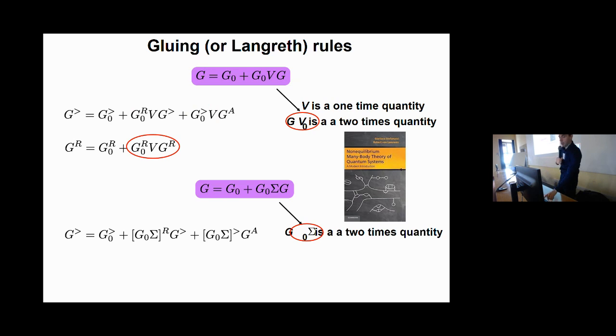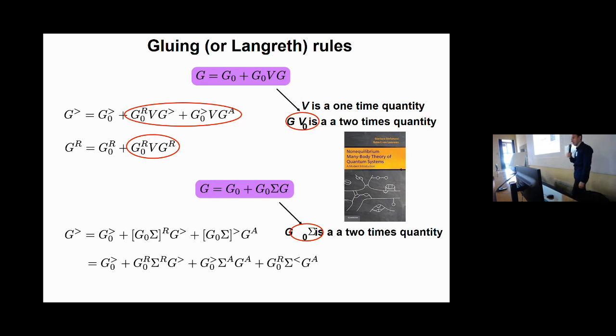And now you have to break what is in the square brackets, because G0 and sigma are separately two-time objects. So how do you break them? You use the fact that two retarded objects convoluted are just a retarded object, and you use the first equation to break what is in the square bracket, and you get this expression here.